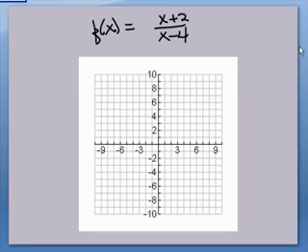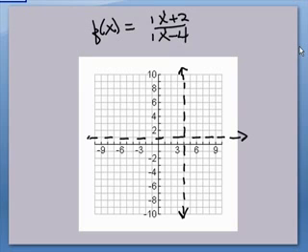So at positive 4, we have a vertical asymptote. And then we compare the degrees. The degrees in both the numerator and denominator are first degrees. So we use the leading coefficients, so 1 divided by 1. So we have a horizontal asymptote at 1.